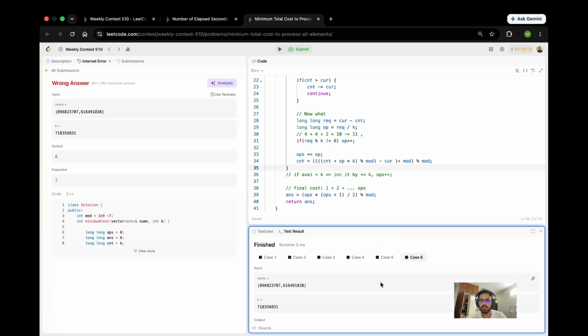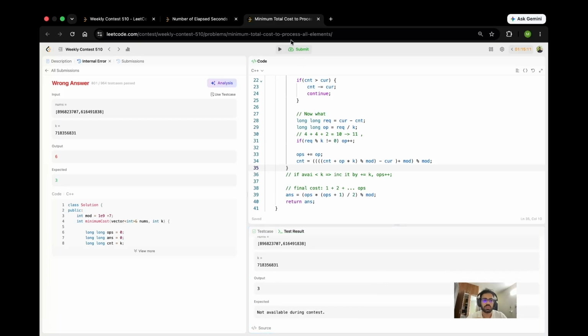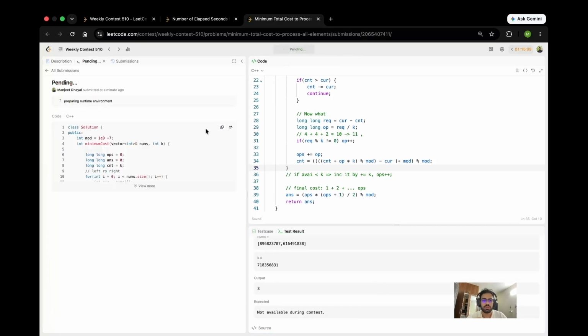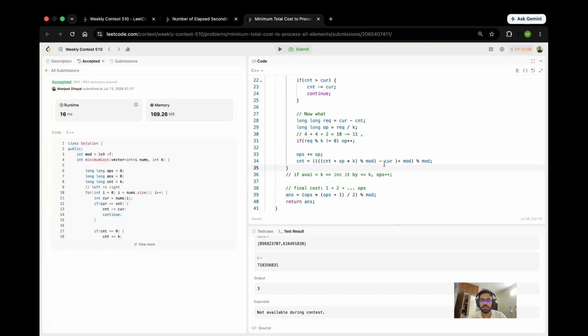I think this value is becoming wrong somehow. Output 3. Right, this current can be negative. Okay, this is accepted. This thing is wrong.